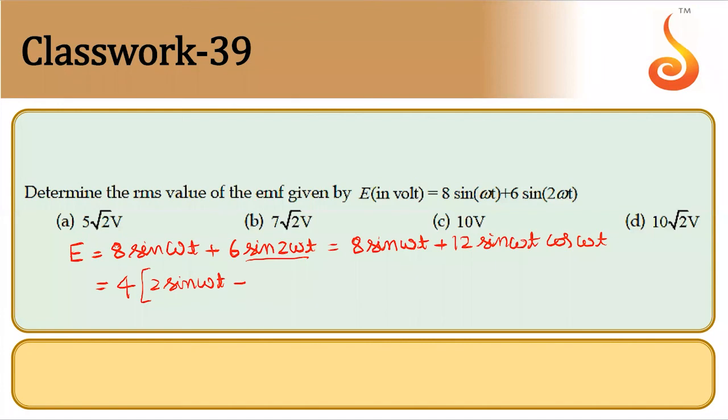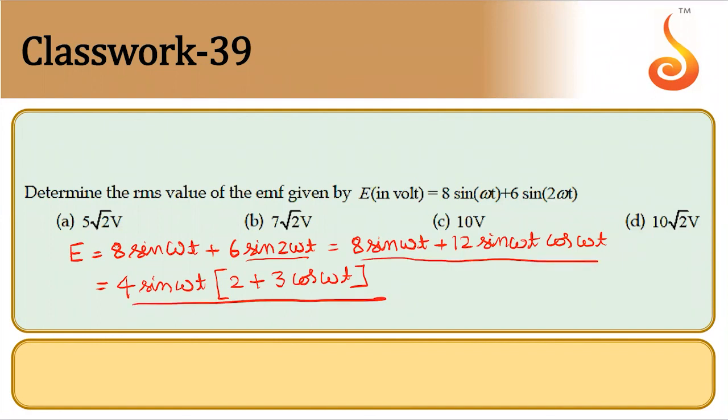In fact, you can take 4 sine omega t common. It will be 2 plus 3 cos omega t. Yes. So this function cannot be reduced further. So by doing so, we will not get anything. By this, we will not be able to get any information.